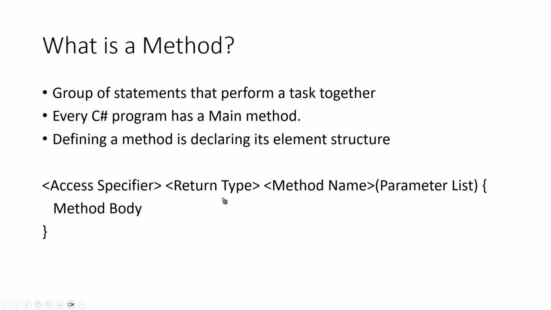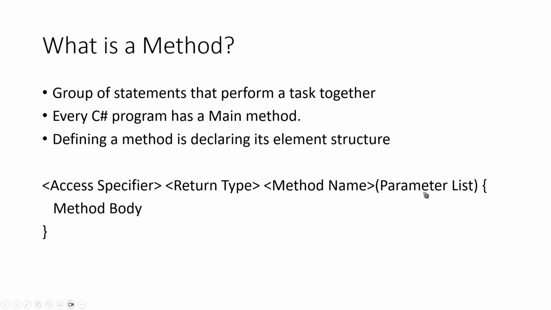Or if there are no return types, we can use the void keyword that represents nothing is going to be returned. The method name, which is its identifier, obviously has to be unique to the class, and it's got to be case sensitive, basically.